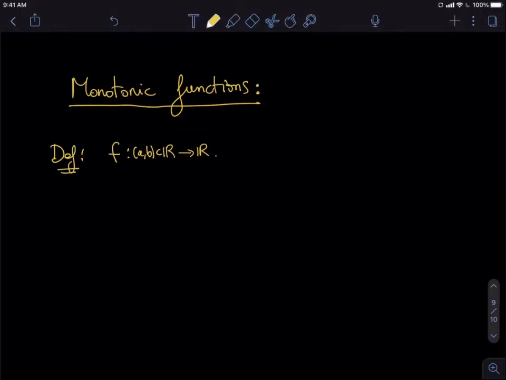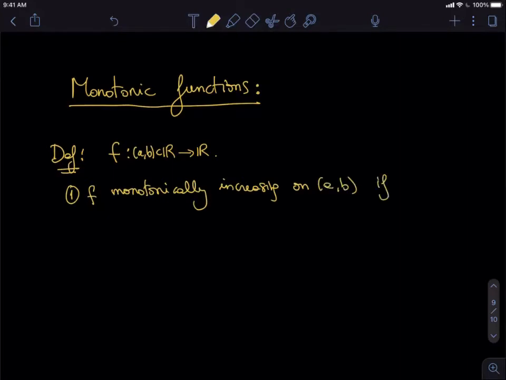And then we say that it's monotonically increasing on the interval if any order we have between some numbers x and y, let's say x less than y, and both of them in the domain AB, that order transfers to the function.